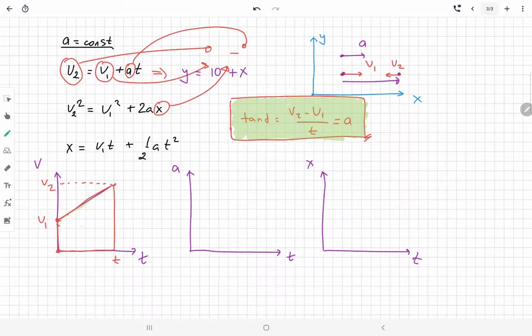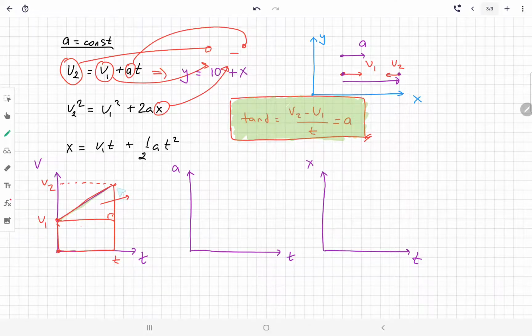Maybe we can come up with the physical meaning of this area. For now, we don't know. Let's check. In order to find the area of this figure, there are many methods. Let me keep it simple and divide it into different figures. The upper part is a right triangle, and here is a rectangle.